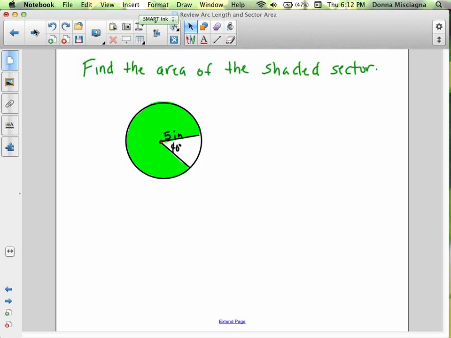All right, so here's another area. Let's find the area of the shaded sector. Don't forget, you have to find the area of the shaded sector. 40 degrees is not the shaded sector.